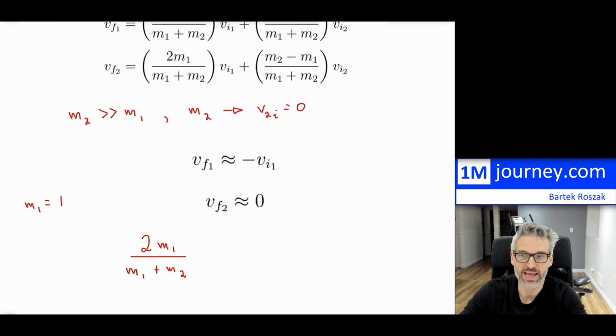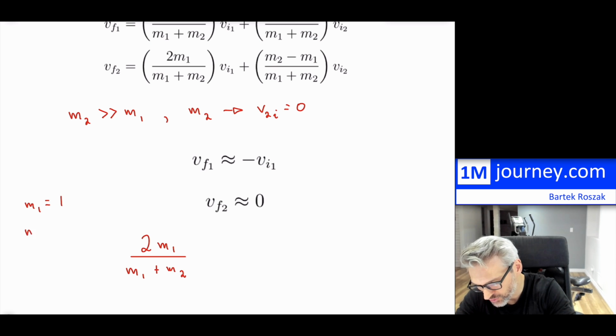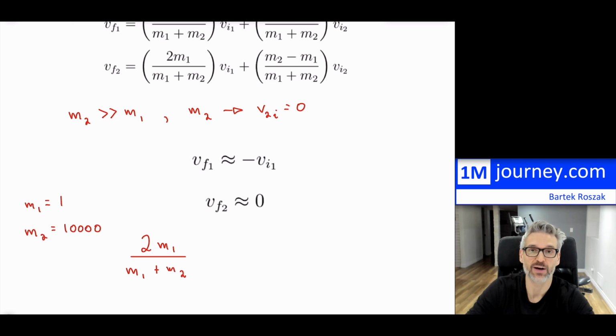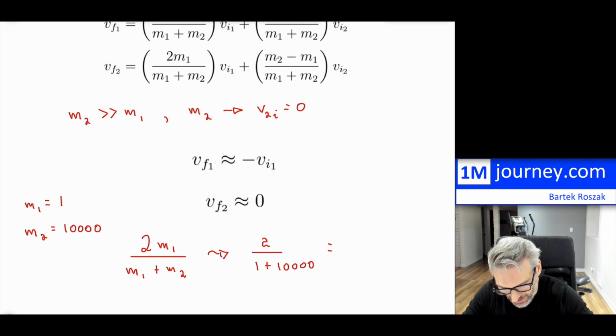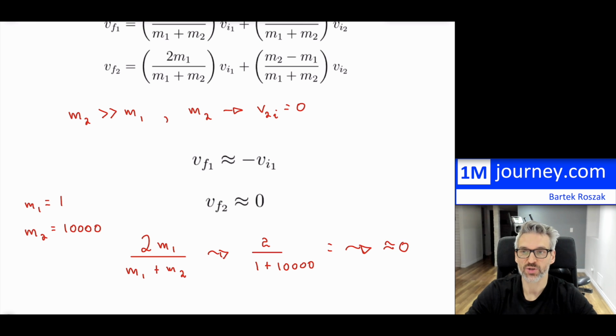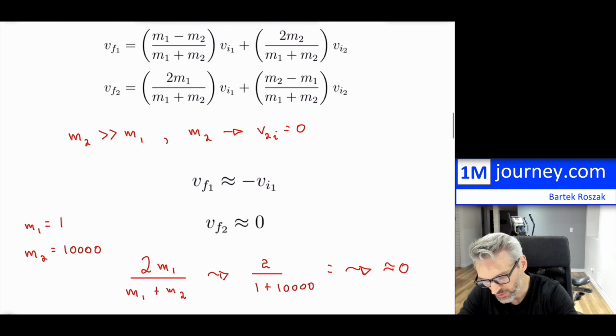I'm just making this up, but I'm trying to show you that when something is really, really big in comparison, let's say this was like 10,000. If you substitute that in here, what is this going to give you? It's going to give you 2 divided by 1 plus 10,000. So really, this basically is approximately 0. So that's why that is going to just fall off.